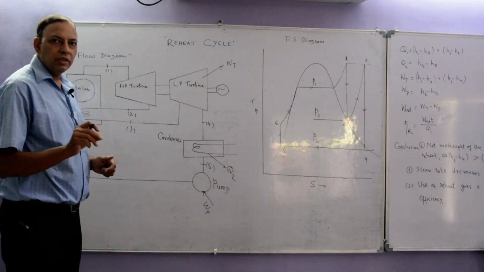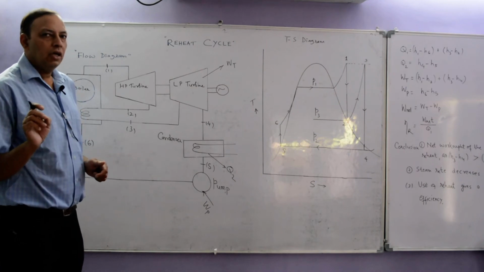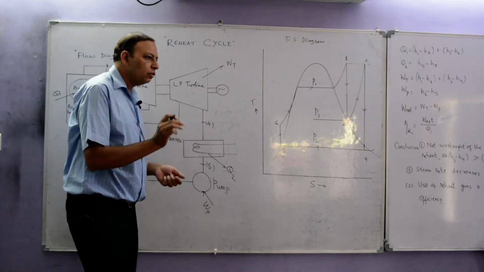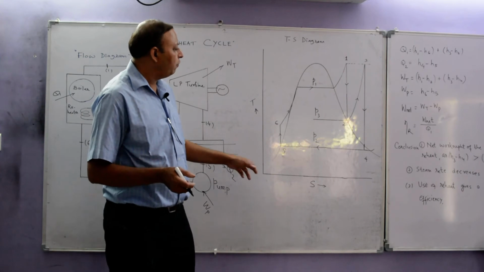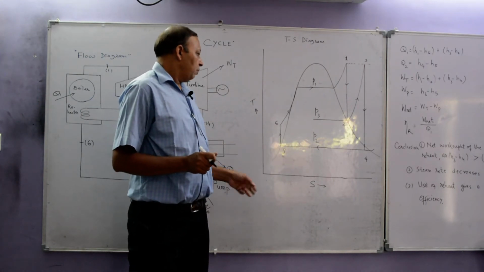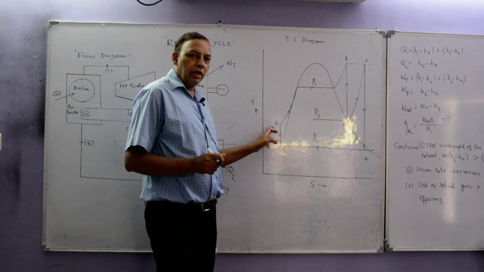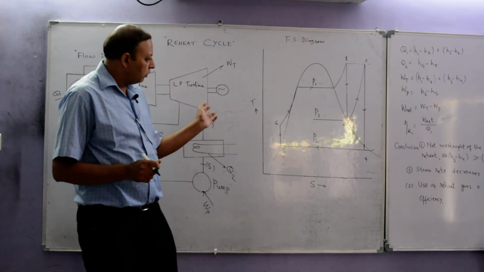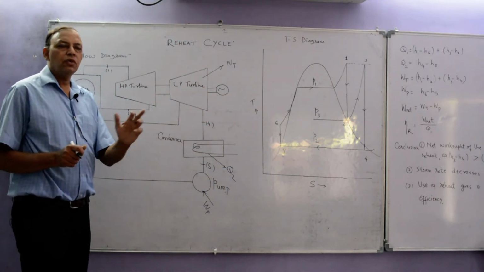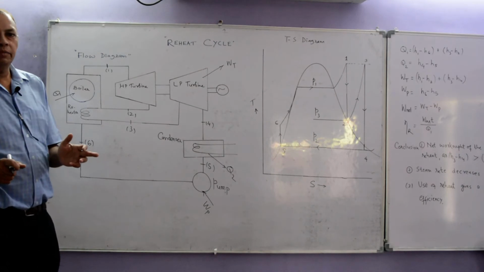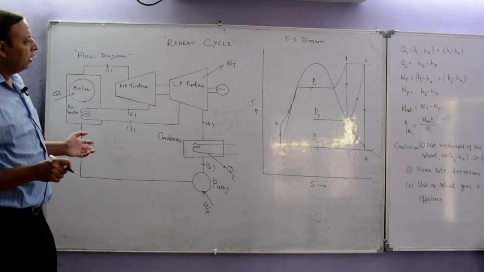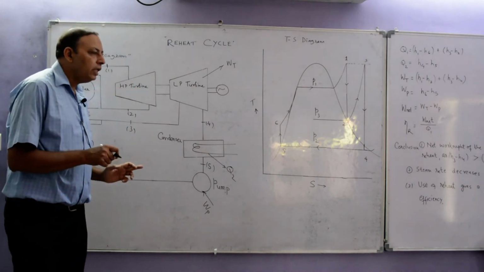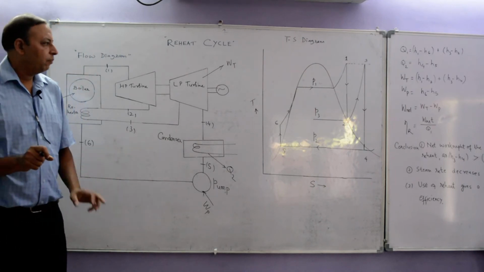At 5 the steam is liquid. The steam converts into the water, and this feed water is pumped to the boiler, and then boiler again converts water into high pressure, high temperature steam. In this way the cycle of reheat is completed.